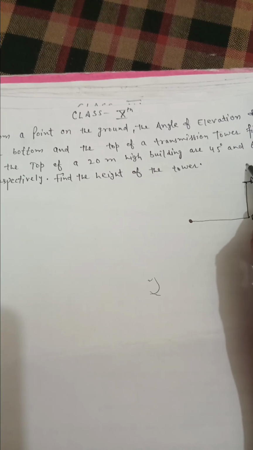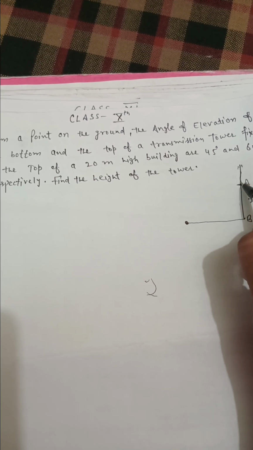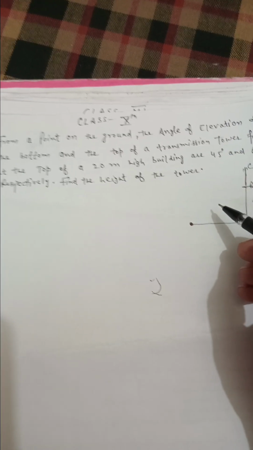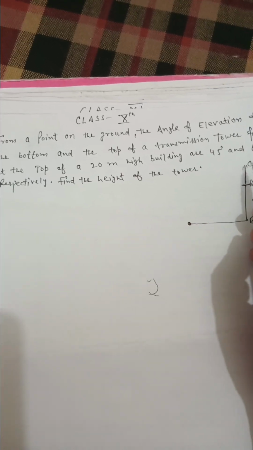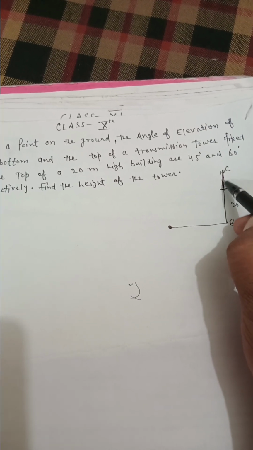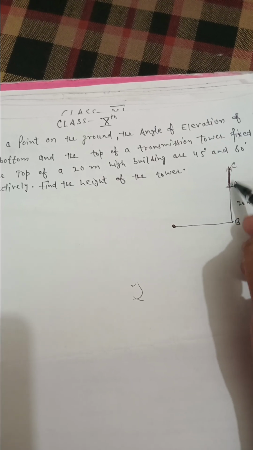Let this transmission tower be AC. Find the height of the tower, that is, we have to find the value of AC.